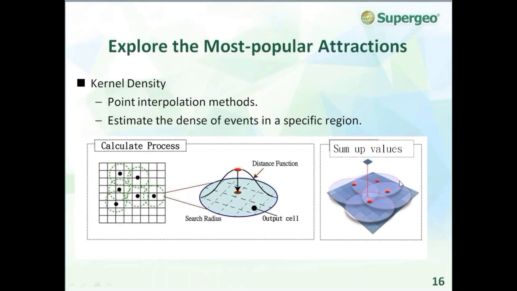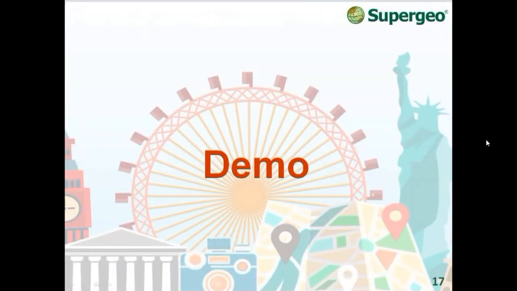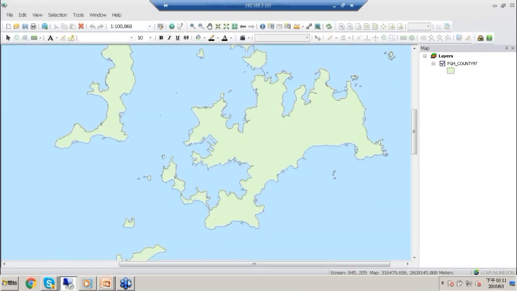And if 2 or more kernels overlap at the cell center, the value for that cell is the sum of overlapping kernel values. So at the end, you can get the result, the dense distribution of your study area.